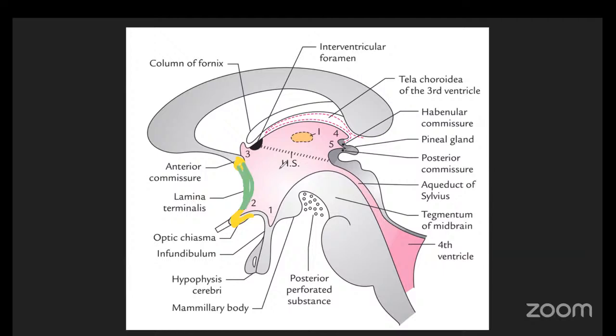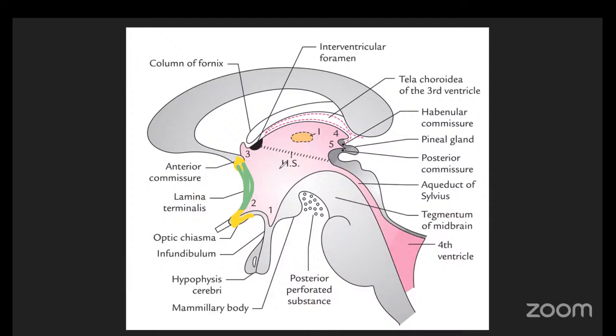Always remember that lamina terminalis is a thin mass of gray matter. It's a thin layer, and this is also used to access the third ventricle if you're going via a subfrontal approach. So those of you who have assisted, or if somebody has seen any video, I'm not sure, third ventricular tumors can be accessed subfrontally via the lamina terminalis approach.